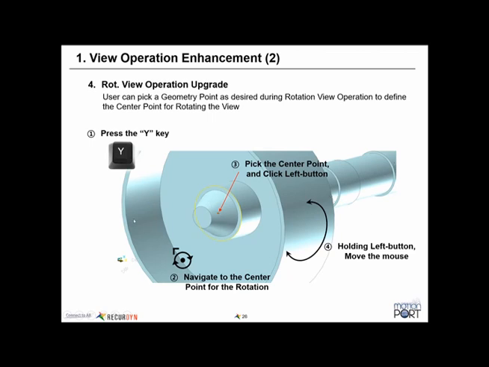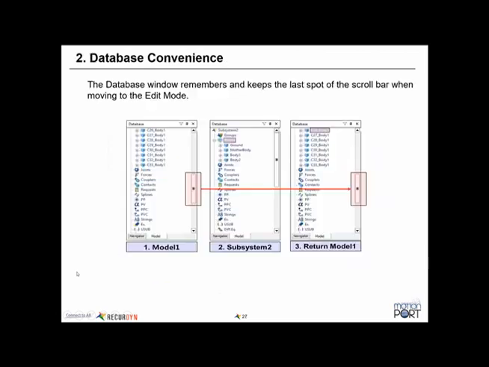So this makes it easy to rotate around a given point quickly without this separate command needed. I think these enhancements of these last two slides are going to be really helpful for working more efficiently in the graphics window in RecurDyn.